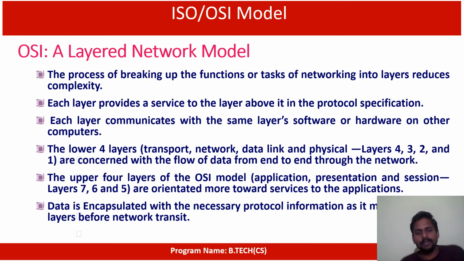These layers are responsible for the flow of data end to end through the network. So these 4 layers take care of the data flow. And the upper layers, it is not 4 layers, it is 3 layers only, because we already talked about 4 layers: session, presentation, and application.